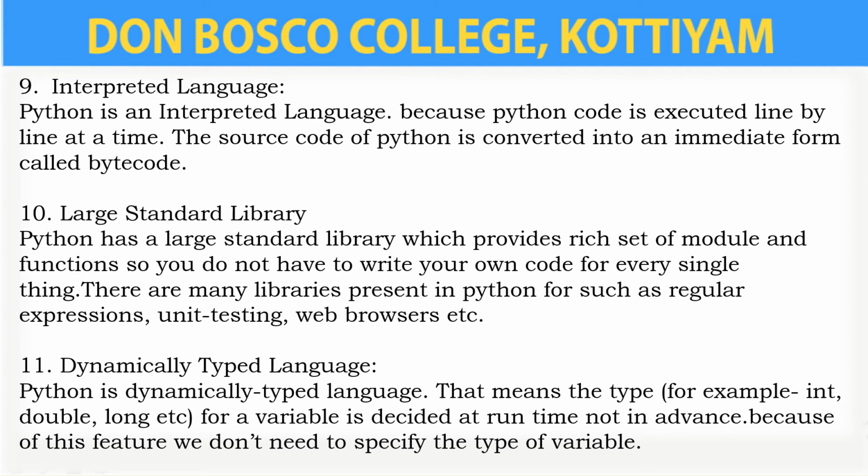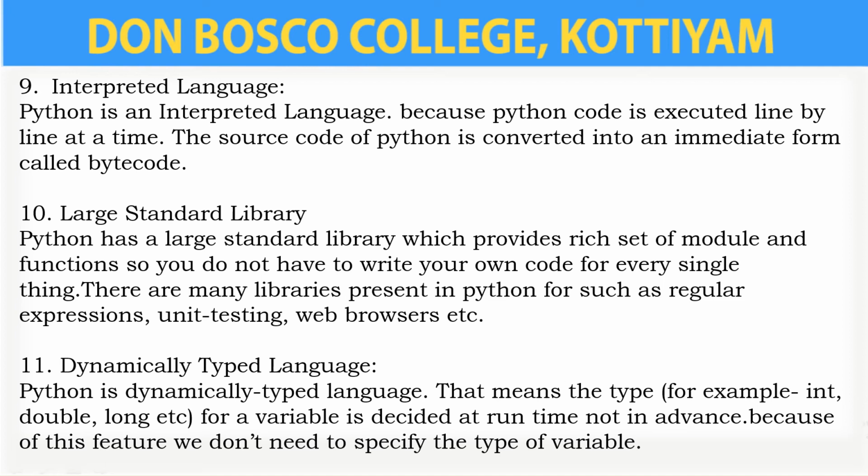And next feature is it has a large standard library. Python has a large standard library which provides a rich set of modules and functions, and it will help us to create web browsers, etc. And next is dynamically typed language.